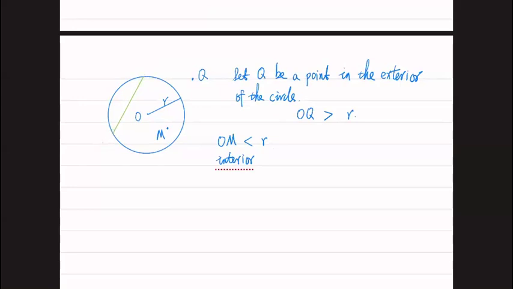We call these points A and B. A segment connecting 2 points on the circle, we call it a chord.